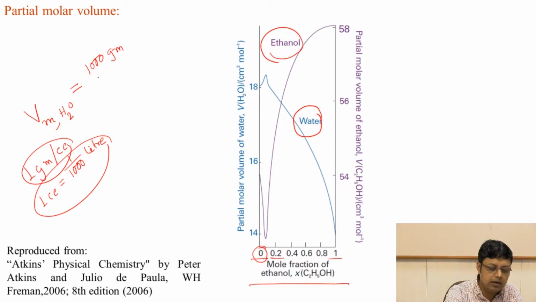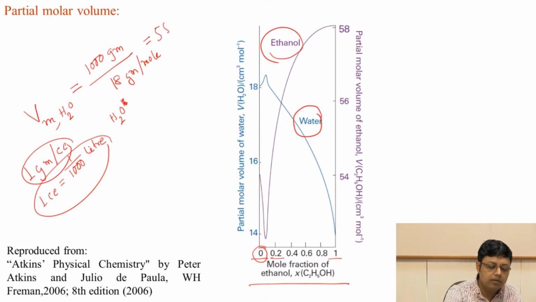So it is 1000 grams divided by the molar mass of water. Taking the O16 isotope, we divide by 18, since the molar mass is 18 grams per mole.